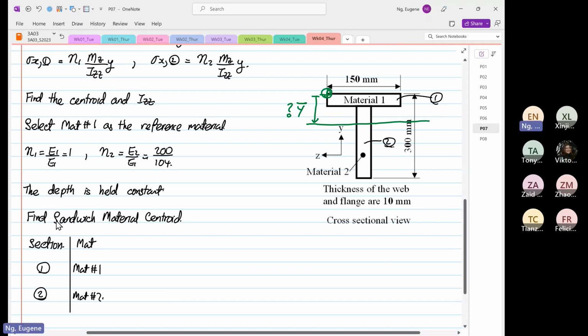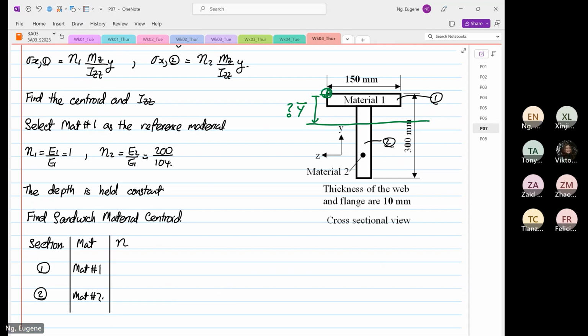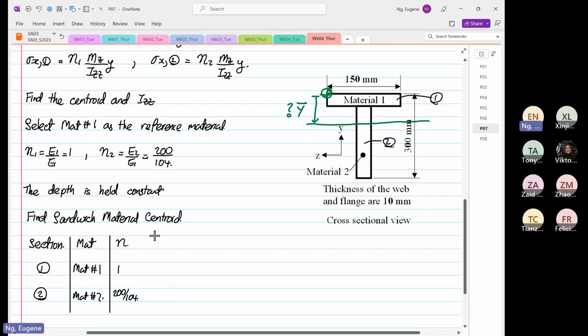Then I like to go by width and depth. But before we go there, we have to put in our N value. We know that this is 1, and this is 200 over 104.